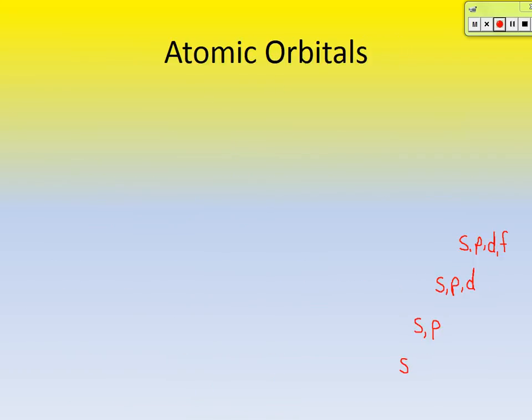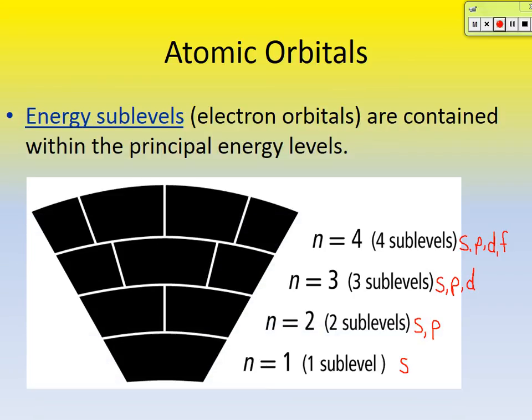Okay, now we're going to move to atomic orbitals. Energy sublevels, or electron orbitals, are contained within the principal energy levels. So in your guided notes, there's a spot for you to write this information down.